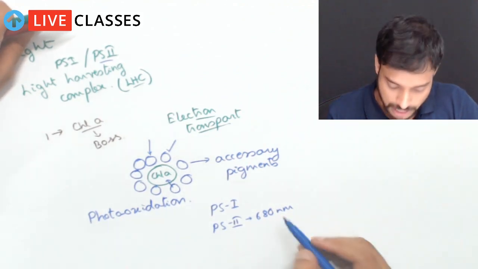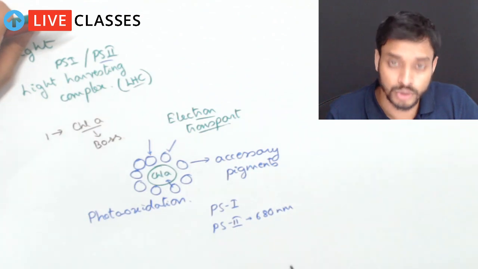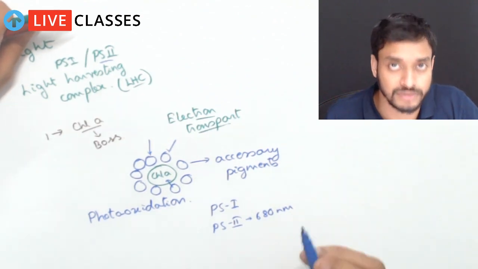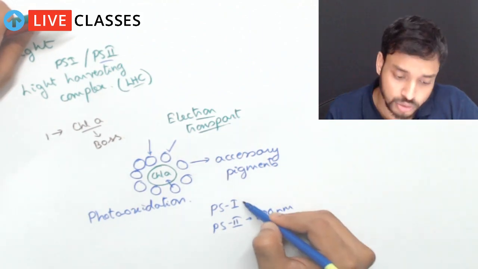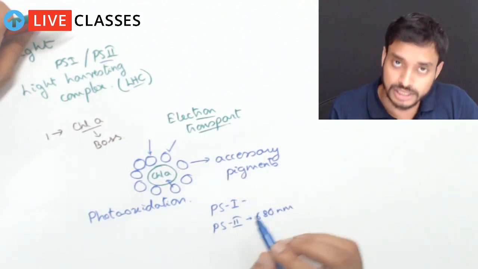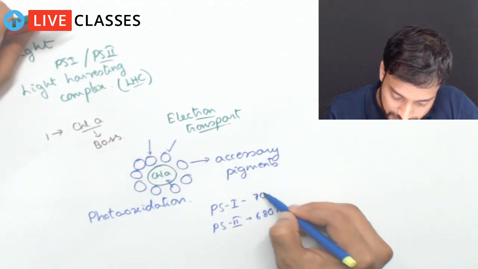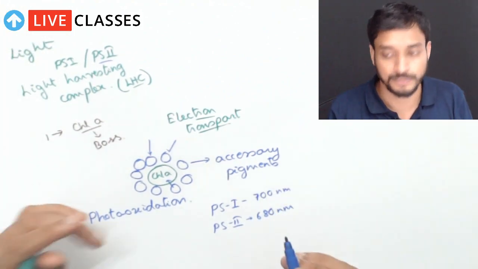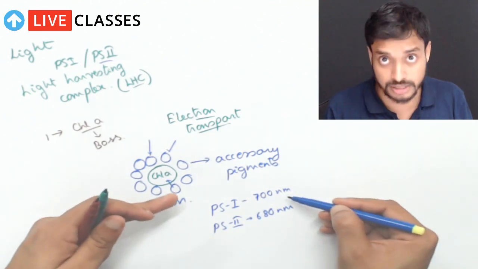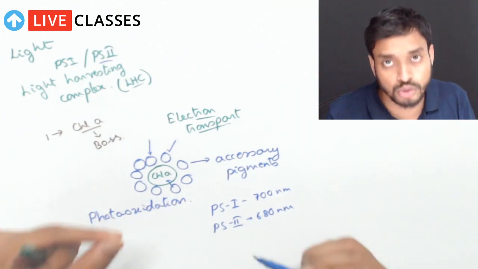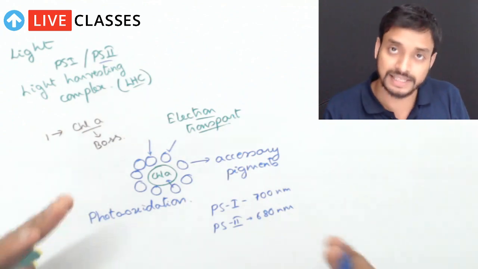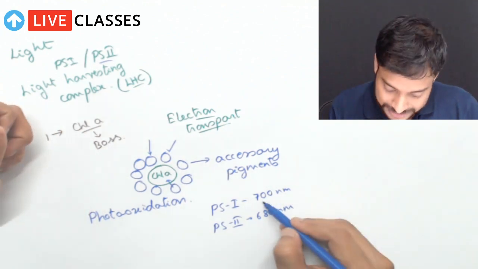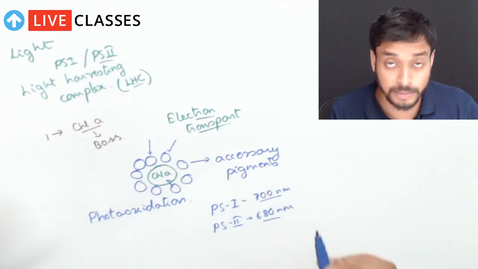If you are aware of the term wavelength, it can absorb light in the range of 680 nanometers. If we talk about photosystem 1, it absorbs 700 nanometers. So this thing we have to understand properly. So here is a basic difference: photosystem 2 वो absorb करते हैं 680 nanometers and photosystem 1 वो absorb करते हैं 700 nanometers. So remember this difference.